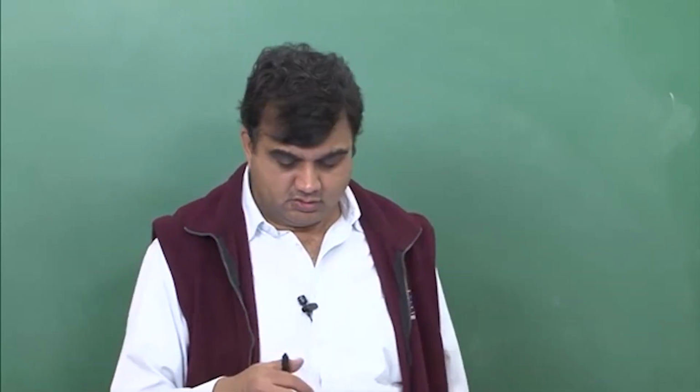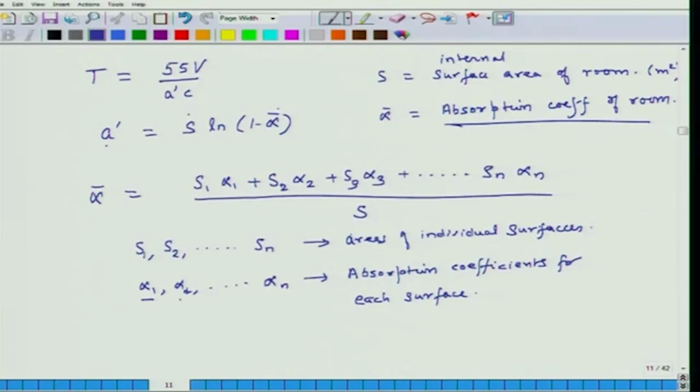So if you know these alphas, alpha 1, alpha 2, alpha 3, up to alpha n, then you can calculate the numerator, and S is nothing but S1 plus S2 plus S3 up to Sn. S is the total internal surface area of the room.